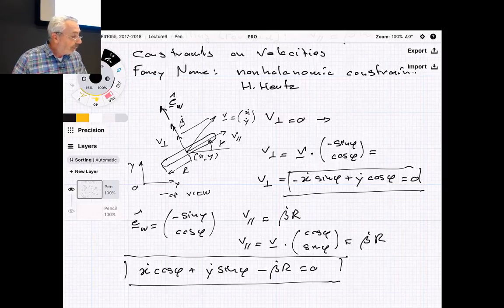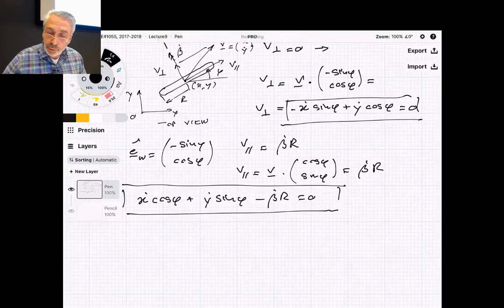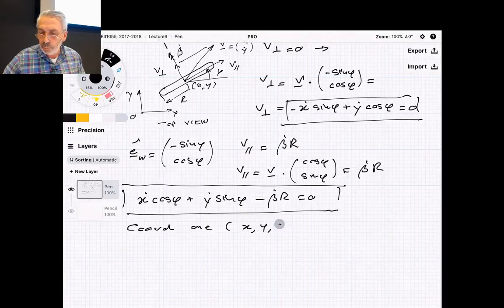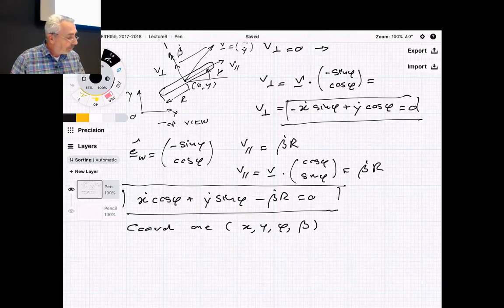So clearly we have here two constraints. And how many coordinates do we have? Well, the coordinates for this one rigid body are x position, y position, phi position, and we have this magical beta, this rotation about its own axis. So together with these two non-holonomic constraints, apparently as a rolling body, this only has 2 degrees of freedom.